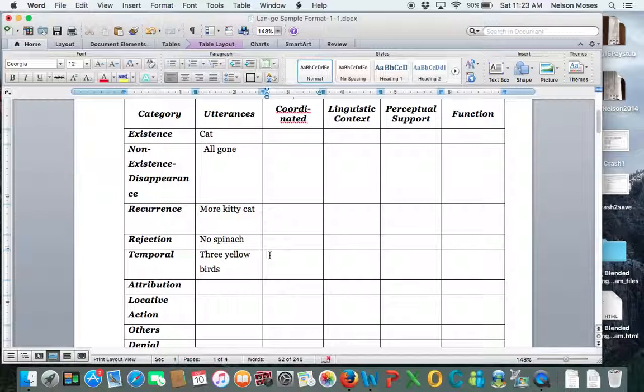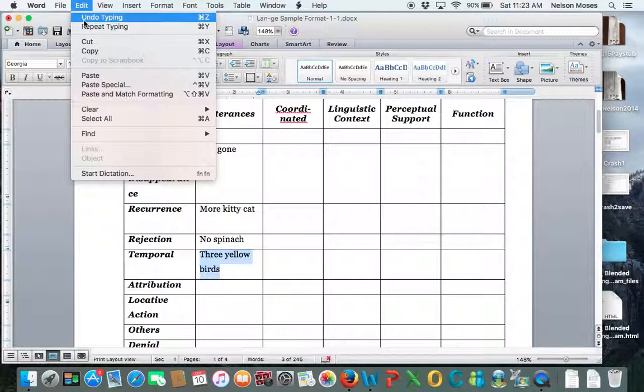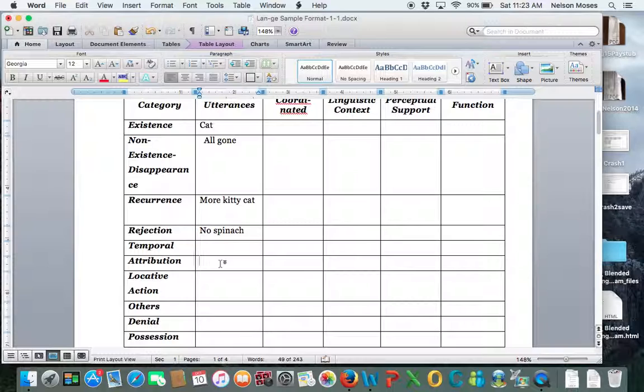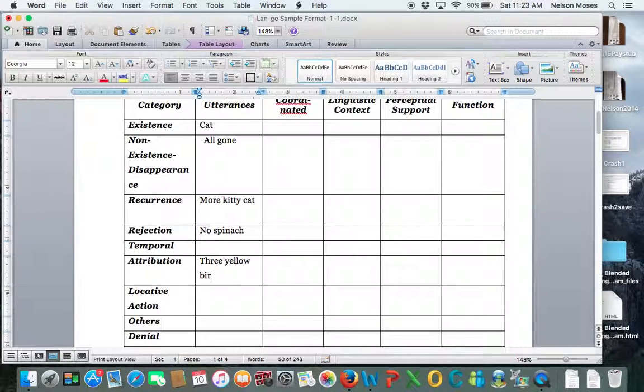So say I wrote it under temporal, but that was stupid because there's no temporalness there at all. It could possibly go under attribution. 3 yellow birds.